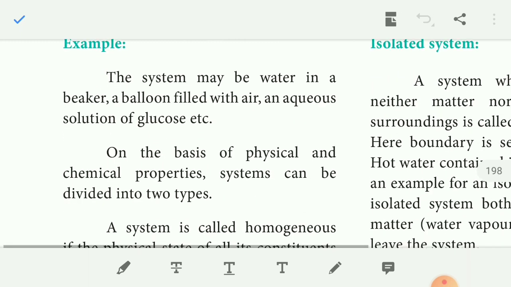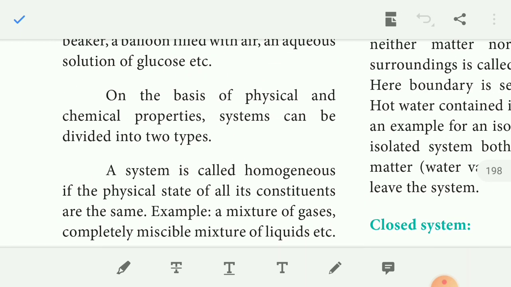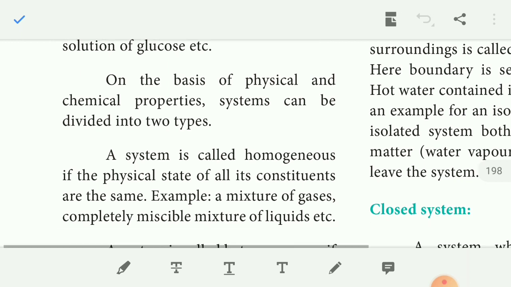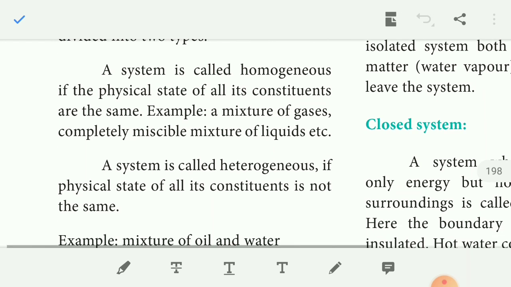A system is called heterogeneous if the physical state of all its constituents is not the same. For example, oil and water; oil and water do not mix, so it is heterogeneous. The best example for heterogeneous is a mixture of oil and water, and for homogeneous, milk and water.